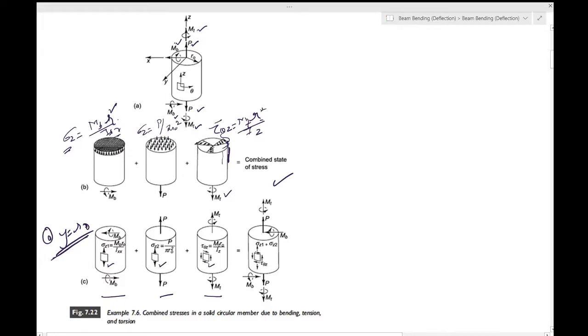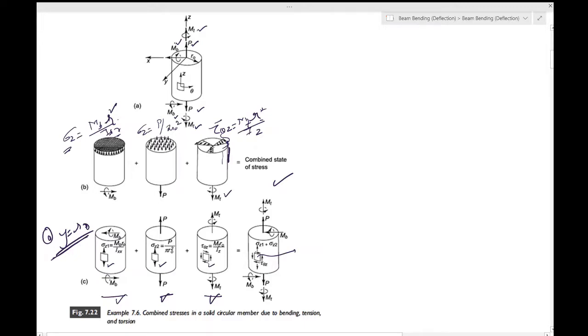Okay, so if you want to study anything from the perspective of design, you want it to get its maximum possible value. Okay, that's like the worst case scenario. So once this is done, you can basically say that this element over here, the same element, is experiencing the superposition of all these three individual contributions.